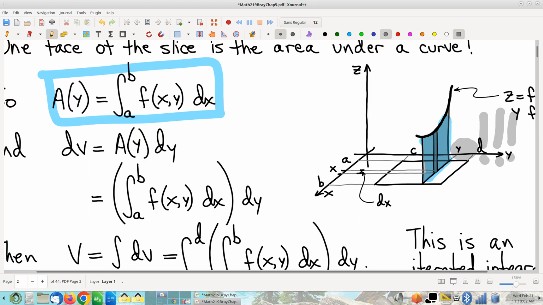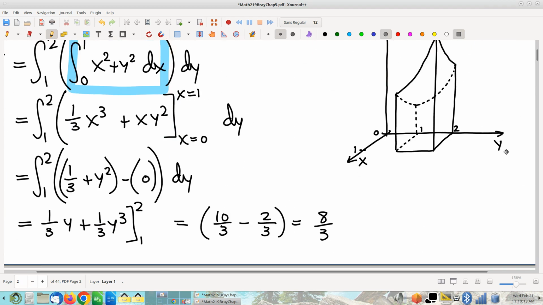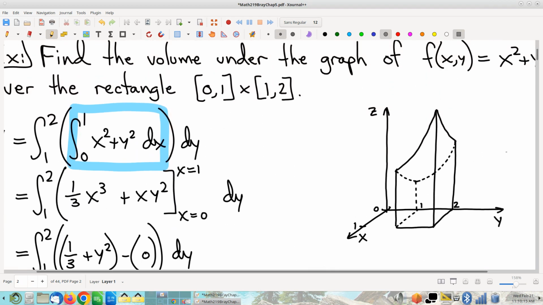So when you're computing the inside integral, the outside variable is constant, and therefore you should treat it as a constant. Now it's easy to lose track of this point, but let's come down to here, and you can see this happening. As I do this inside integral, notice that y will be treated as a constant.